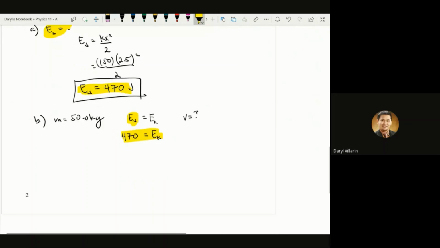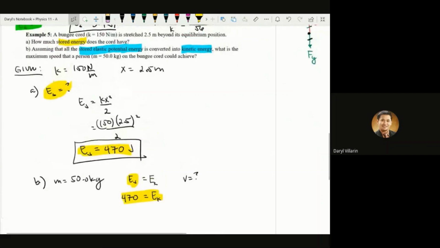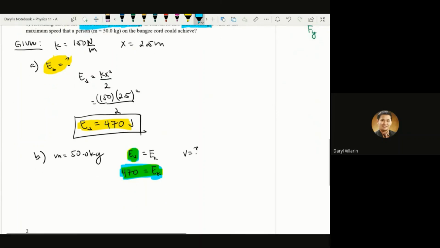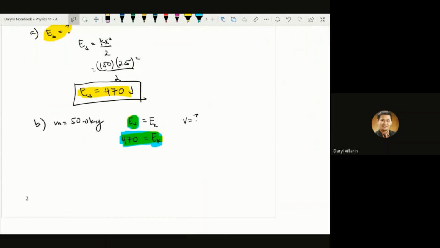Even though I was not directly given the kinetic energy, the problem says that your stored energy is converted to kinetic, so I can assume the kinetic energy is 470.